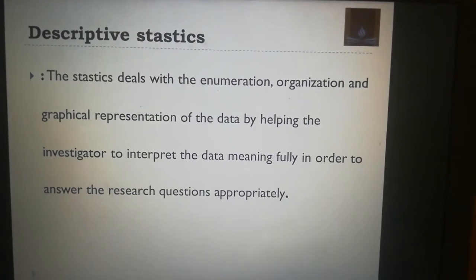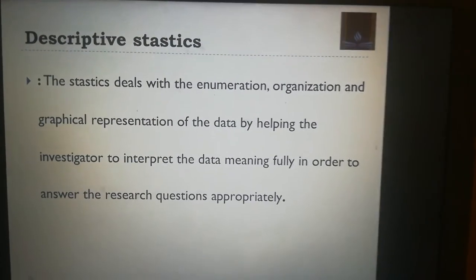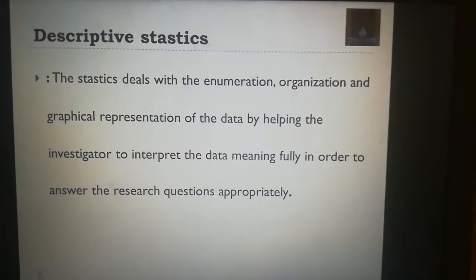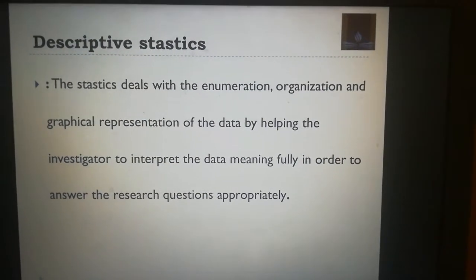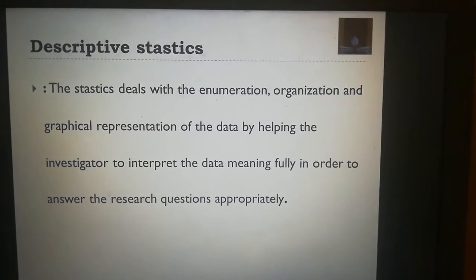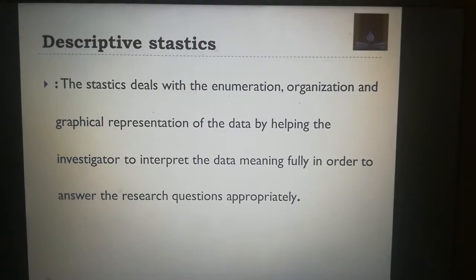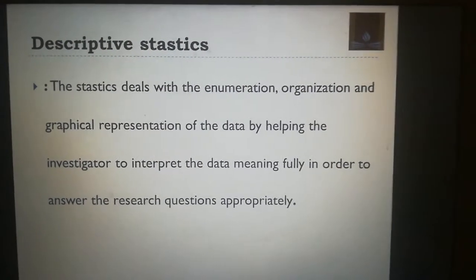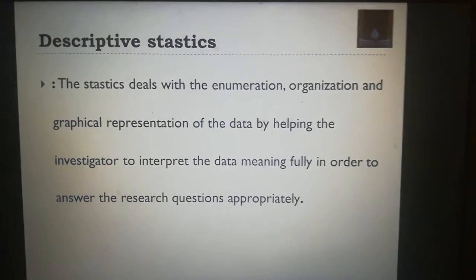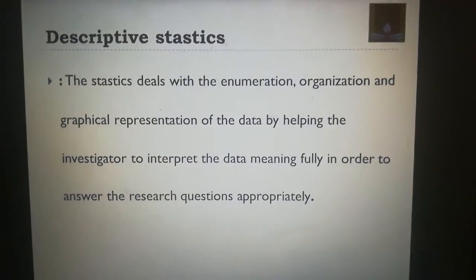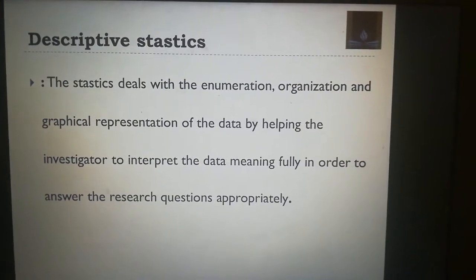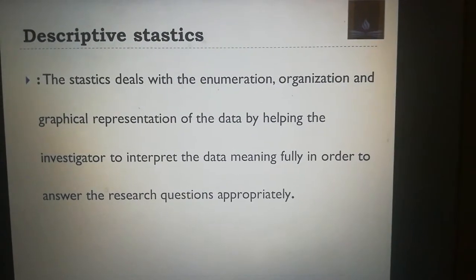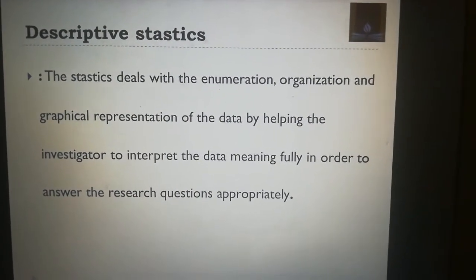Let's say the definition: statistics which deals with enumeration, organization and representation of collected data to help the investigator interpret in a meaningful way so that he or she can answer the research questions in an appropriate way based on the assumptions or the hypothesis.